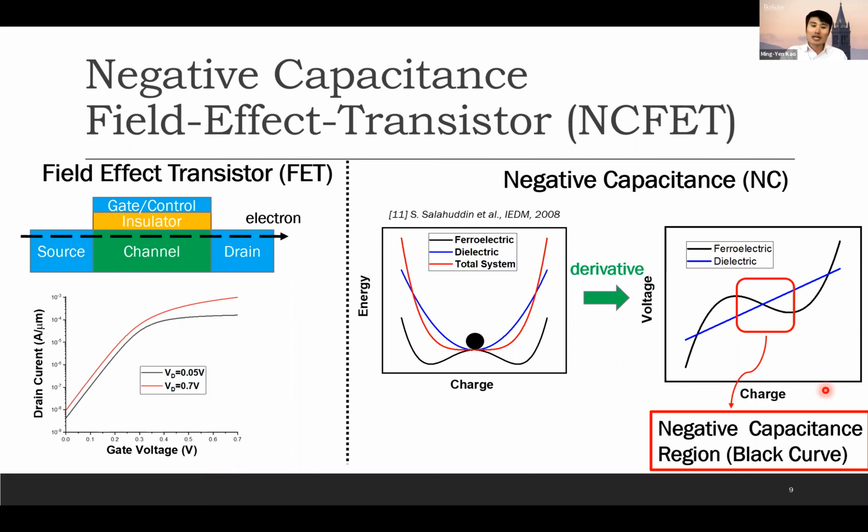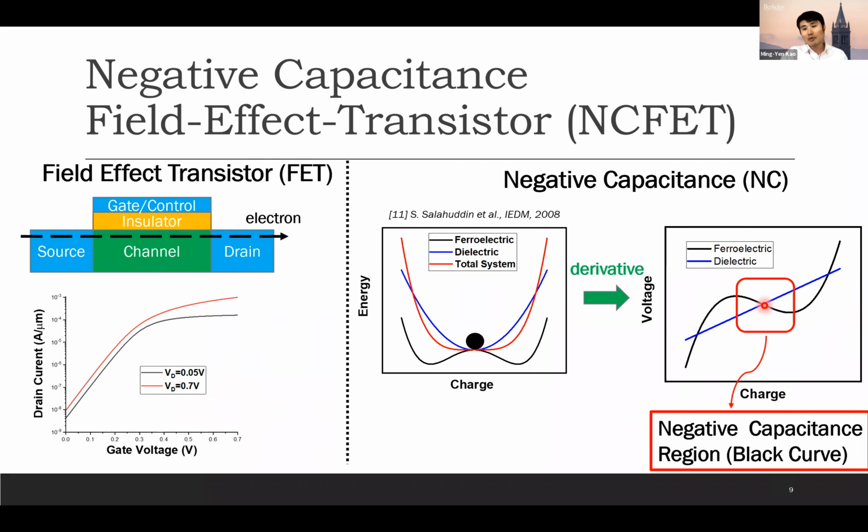We know that the derivative of energy with respect to charge is voltage versus charge. Then we plot again the black double valley curve here. The derivative of this double valley will be this one, the same color. The blue parabolic line will be this linear dielectric capacitor, and the ferroelectric is a nonlinear capacitor. We just said that we can stabilize at zero charge, so it's possible that we can stabilize here.